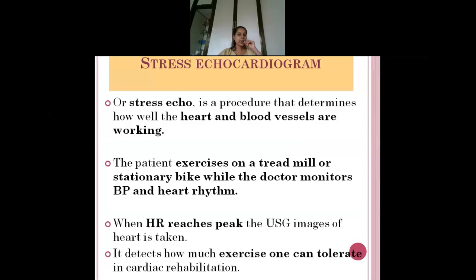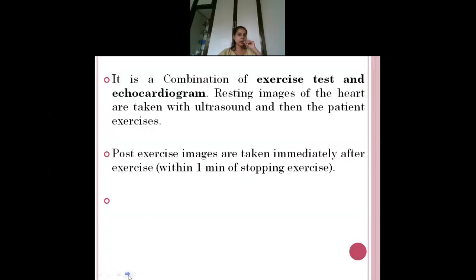That is, ultrasound images will be taken after the exercise. That is called a stress echocardiogram. Remember that, mainly they are doing some exercise, then they are performing the echocardiogram.